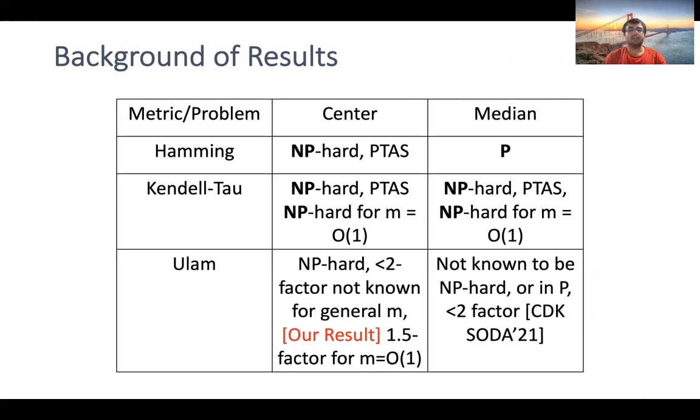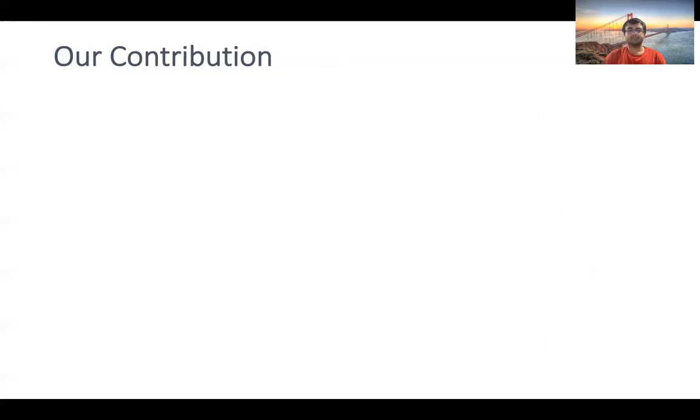It tries to break the 2-factor and gets to a 1.5 factor for constantly many strings or constantly many permutations. So this is the final result.